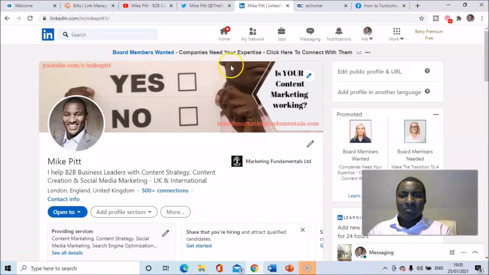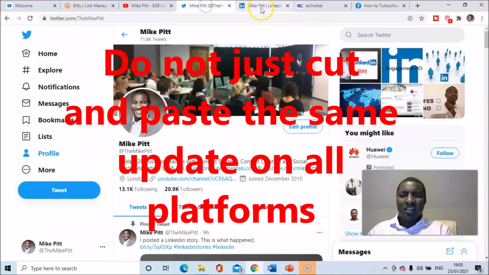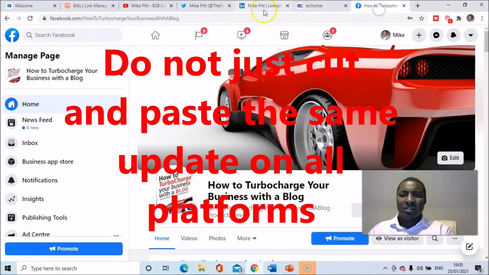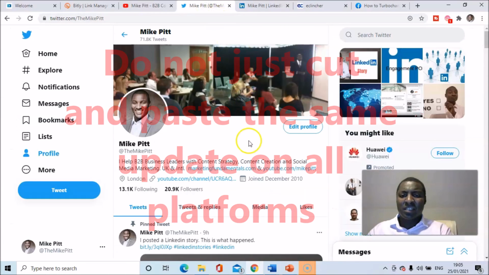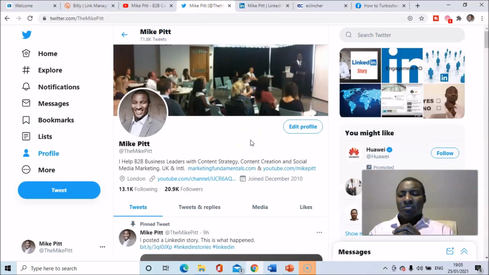So you can't just cut and post exactly the same on Twitter, on LinkedIn, on Facebook, because you need to understand how those platforms work, what the best performing posts are, and you have to have an idea of how you're going to tweak that content and then schedule it into the content libraries on eClincher, because that's the tool I use, in a way that it's going to get a good level of engagement on Twitter, on LinkedIn, on Facebook, etc. Just respect the differences between the platforms and post your new video accordingly.